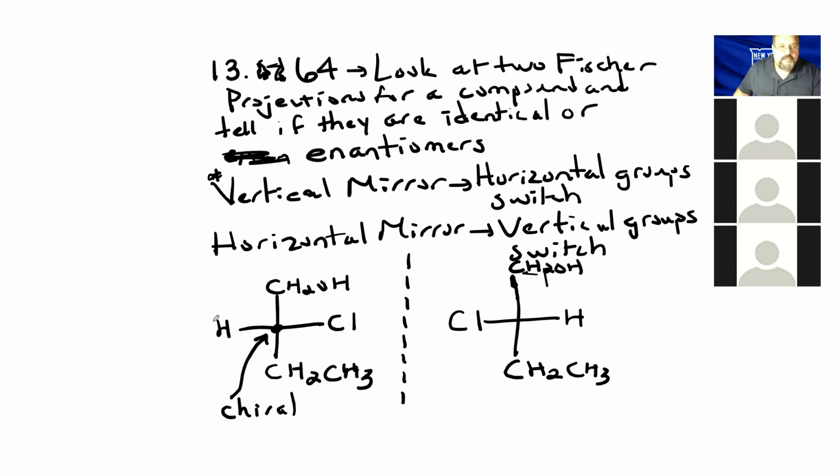The hydrogen, which was on the left of the chiral carbon, ended up on the right. See how the horizontal group switched? So what's the relationship between these two structures? These two structures would be enantiomers of each other. These are non-superimposable mirror images.